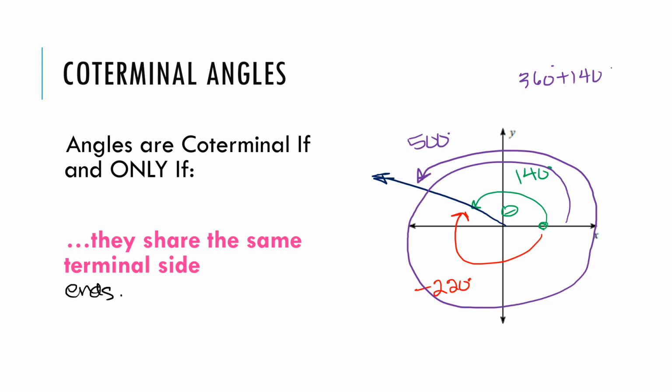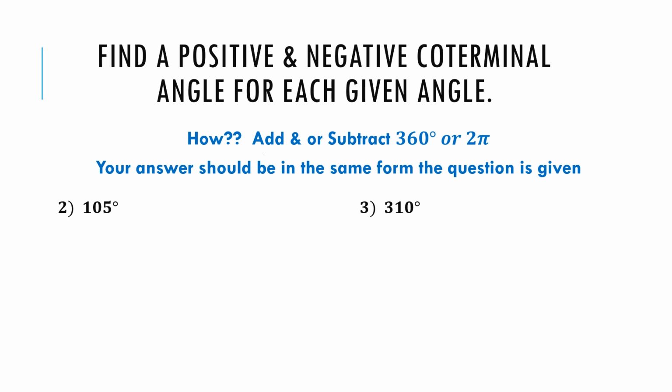So your coterminals can be positive, they can be negative, and you can have more than one rotation. To determine coterminals very easily, you are going to add or subtract 360 if you are in degrees, add or subtract 2 pi if you are in radians.